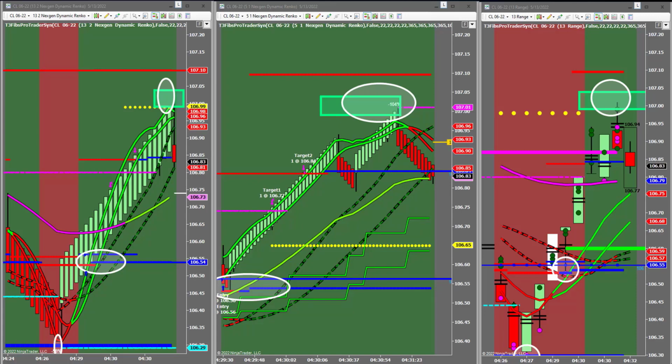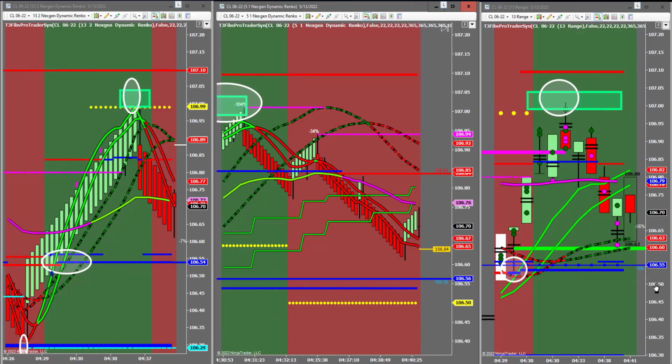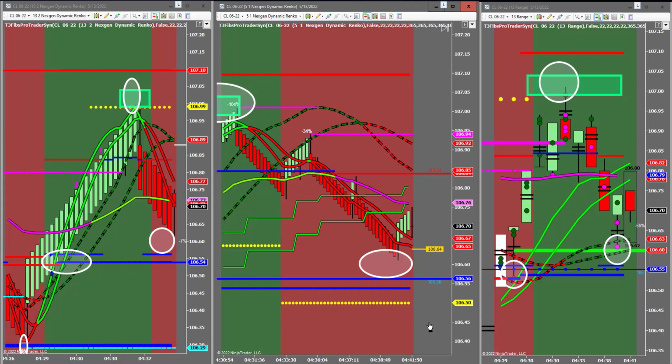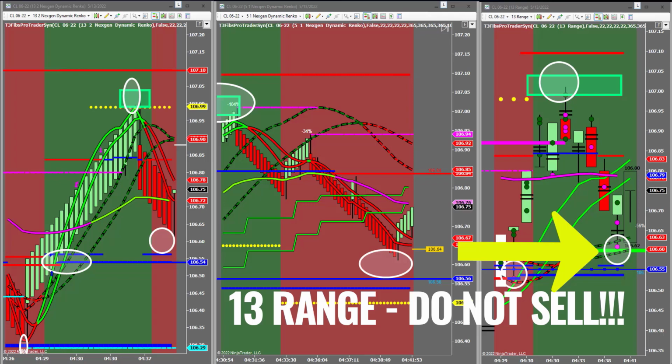Now, just because I anticipate we're going down doesn't actually mean that there's going to be a short trade. And this is where a lot of people get in trouble. They try to go short at 06.85. And for me, we just hit a high volume area. So the 13 range to me says do not go short or you will be separated from your cash.